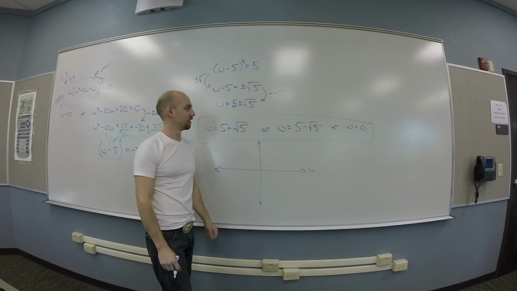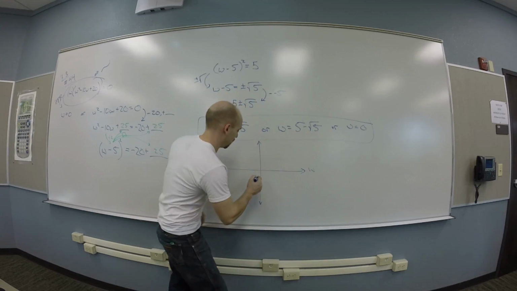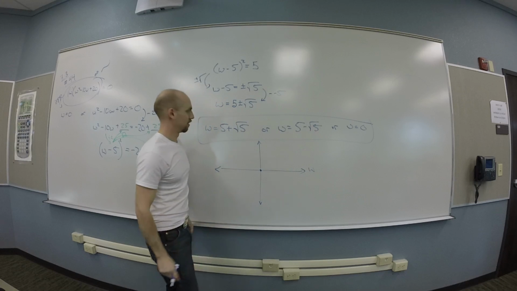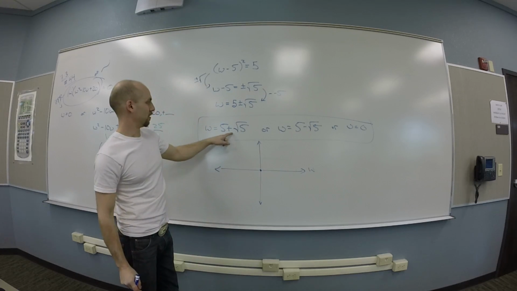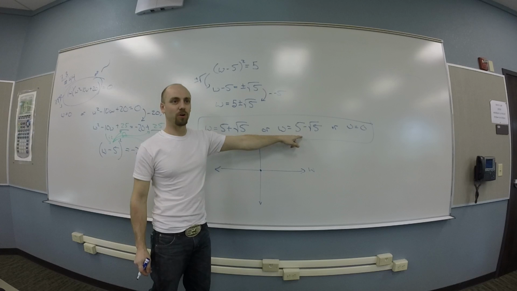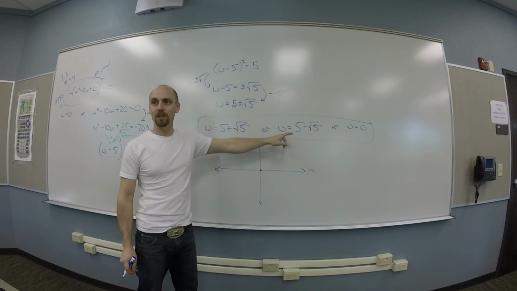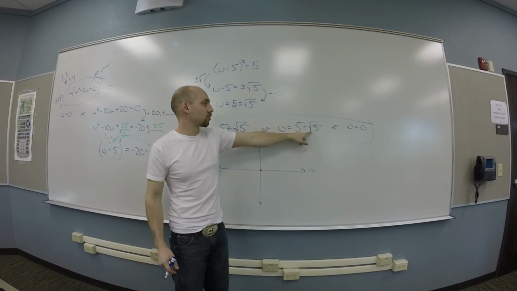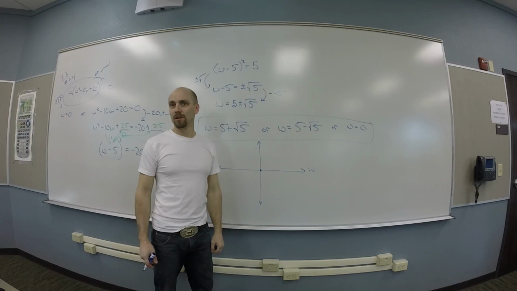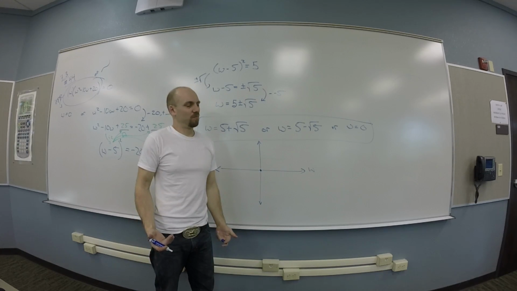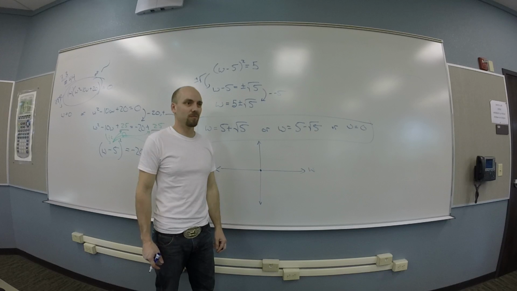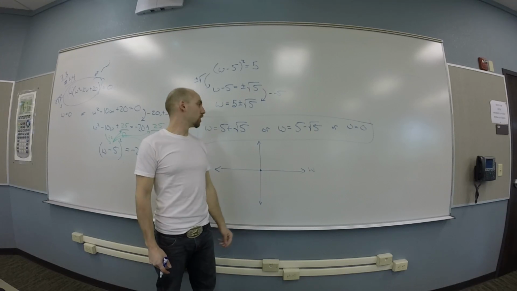at 0, whatever 5 plus root 5 is, and whatever 5 minus root 5 is. Ballpark, how big is root 5? 2 point something. A little bit bigger than 2, so 2.2.